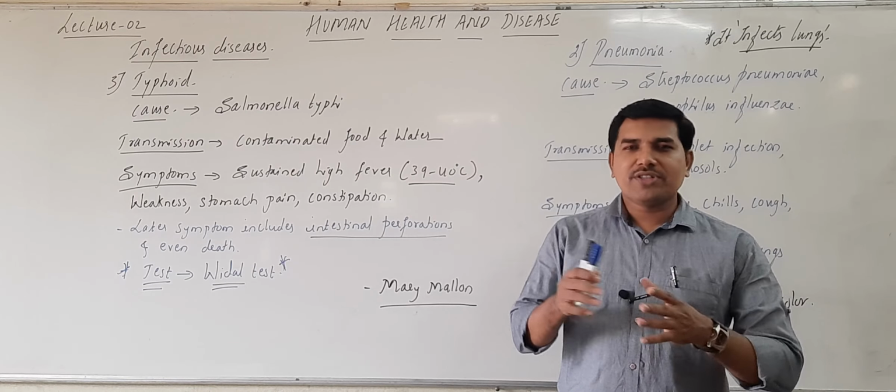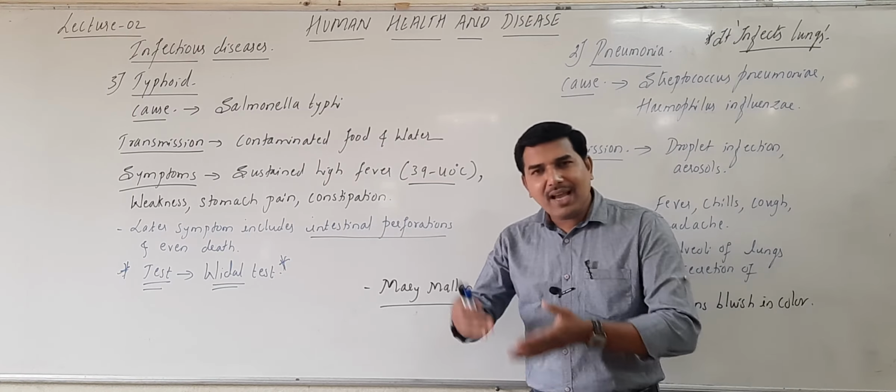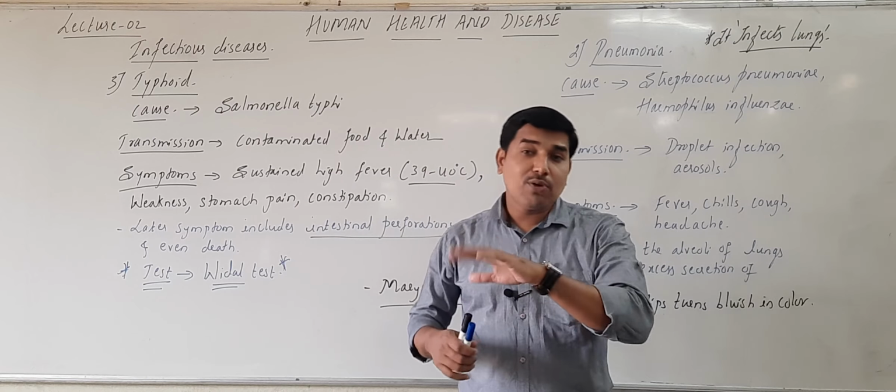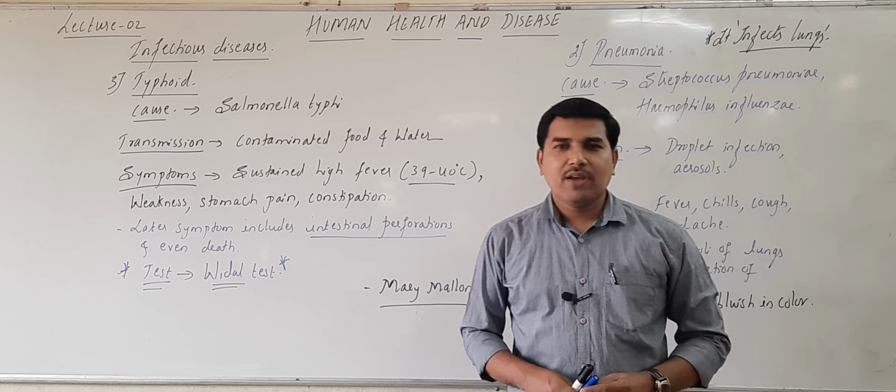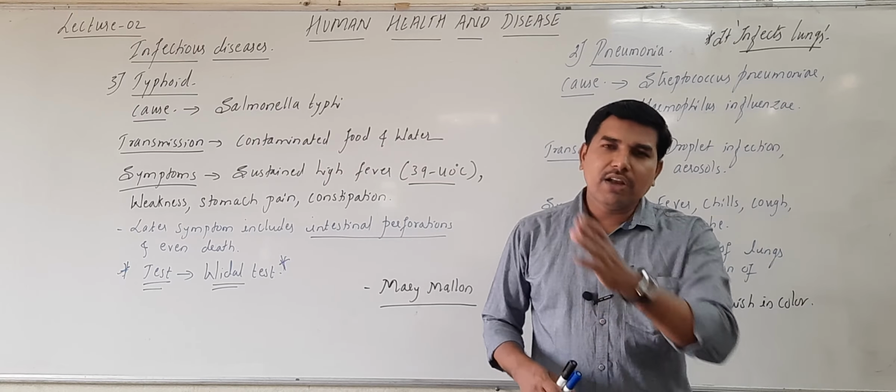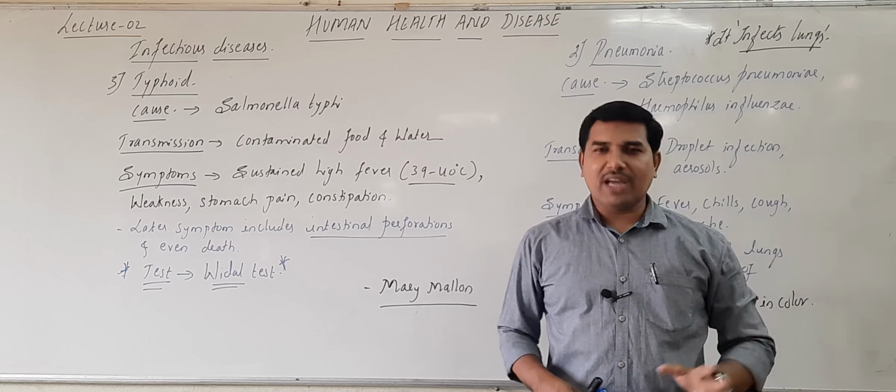She had the disease typhoid and was unaware of it. Through unhygienic practice, through unwashed hands, when she cooked food in various houses, most of the family members of different houses got typhoid, and a few of them even died due to typhoid.